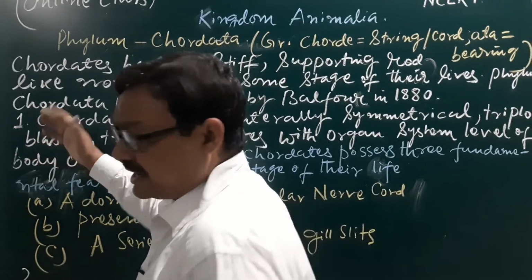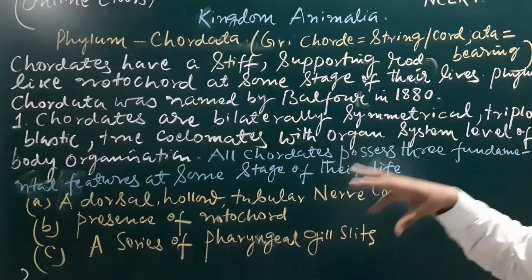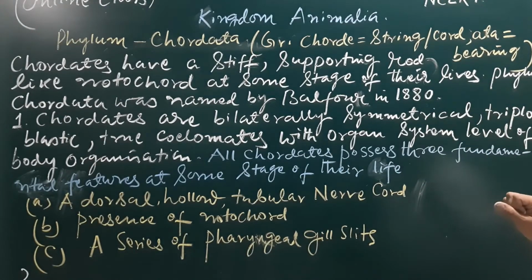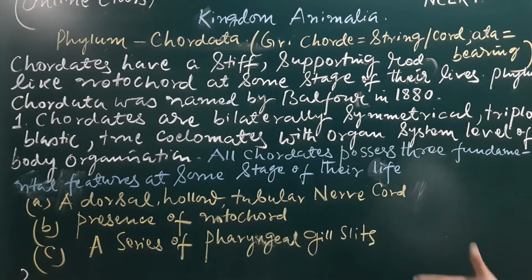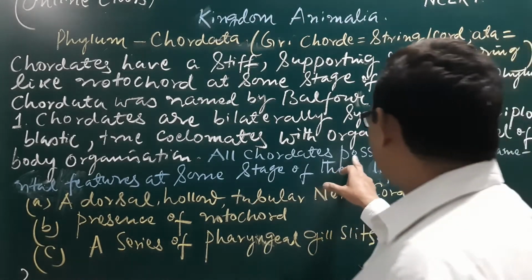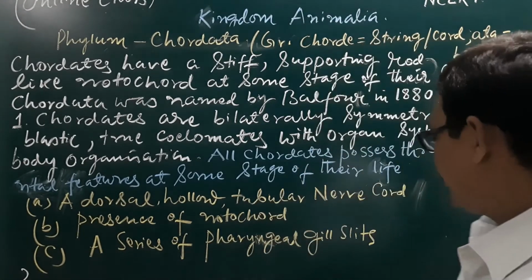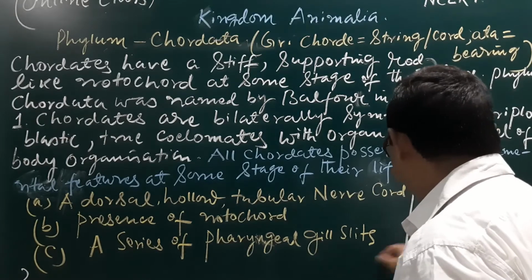This is the basic feature: the triploblastic, bilaterally symmetrical and organ system level of organization, a well developed animal. All chordates possess these three basic features.